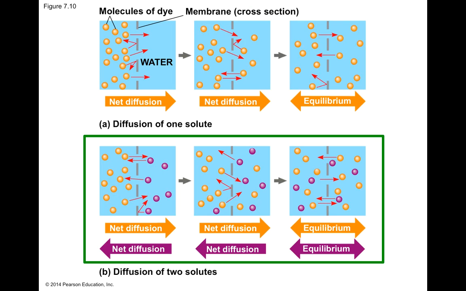The bottom shows an example of diffusion of two solutes. While the yellow molecules randomly diffuse over to the right, the purple molecules will do the same, but to the left, until equilibrium is reached. And still, even at equilibrium, the molecules are still moving, but there is no net movement of either molecule on either side of the membrane.